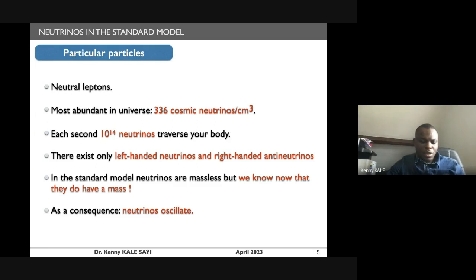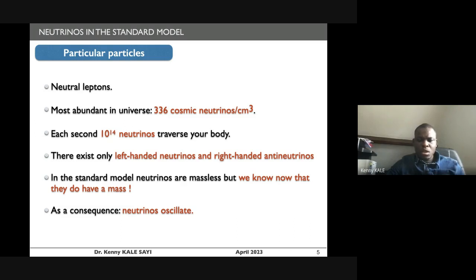You may be aware that you can also classify particles as left-handed and right-handed, but for neutrinos only left-handed ones exist. This is something very special, but maybe it's not the time to go into depth.